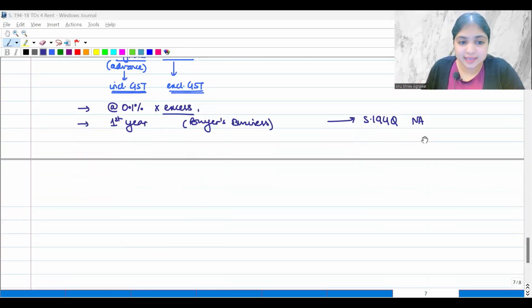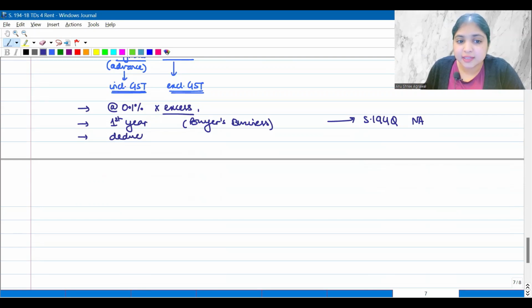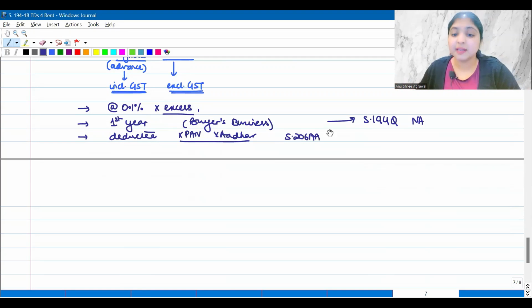Okay, then listen, if the deductee does not give his PAN also, does not give his Aadhaar also, then which section do you apply? He's neither giving PAN nor giving Aadhaar. You apply 206AA, guys. Now, what does 206AA say? 206AA says that the TDS rate will change into 20% or whatever is the applicable rate of that particular section, whichever is higher.